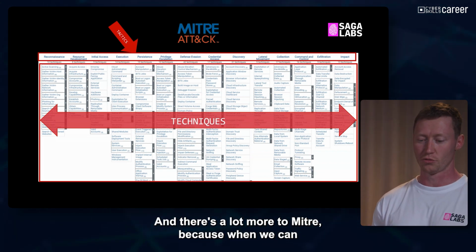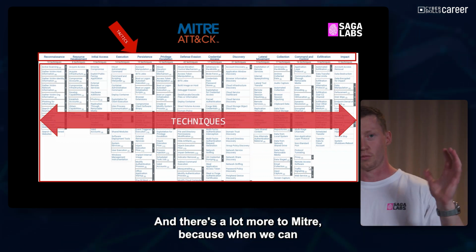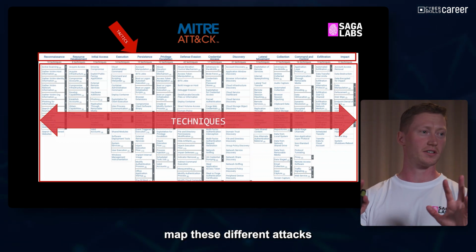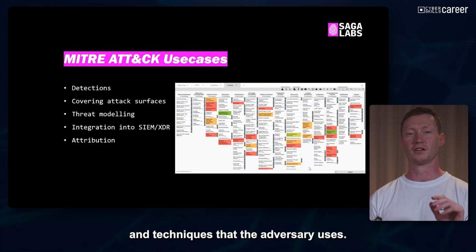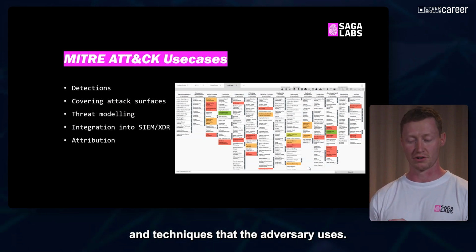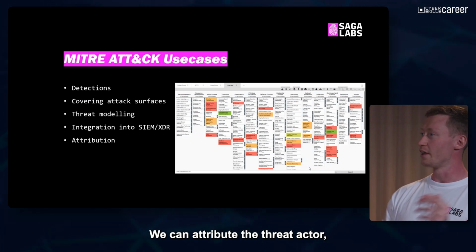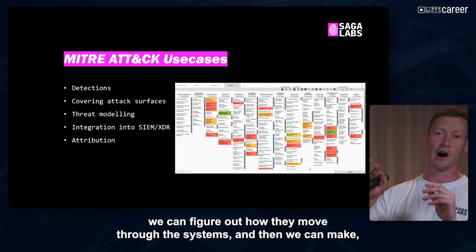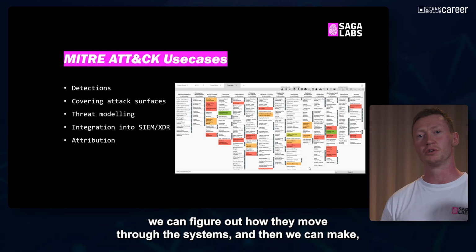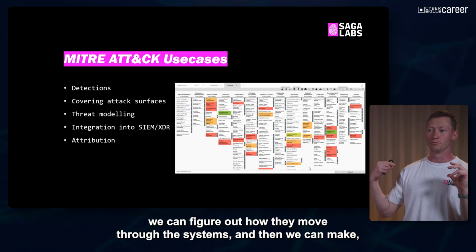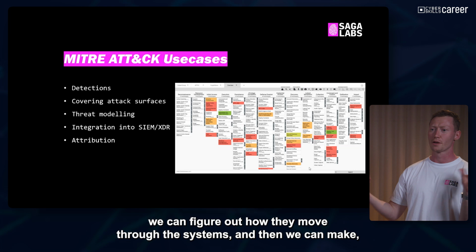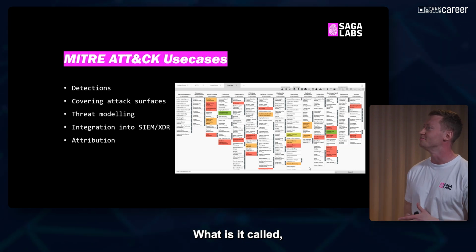And there's a lot more to MITRE, because when we can map these different attacks and techniques that the adversary uses, we can attribute the threat actor. We can figure out how they move through the systems, and then we can make what's called attribution.